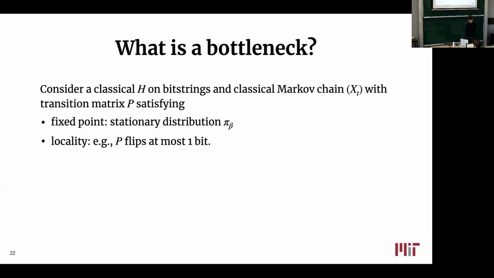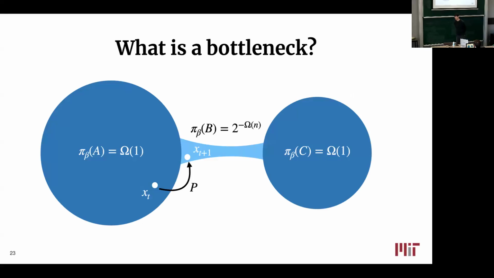So now we want to write down what a bottleneck for this algorithm would be. Pictorially, it looks something like this. We're going to have the space of bit strings divided into disjoint regions A, B, and C, where under the Gibbs measure, the stationary distribution, A and C both have constant support. And then there's a bottleneck region B that has, I'm just going to make it exponentially small over here, support.